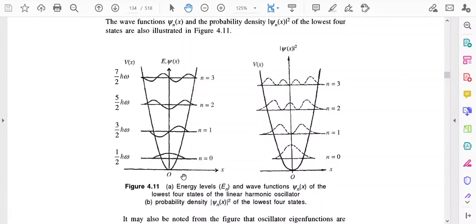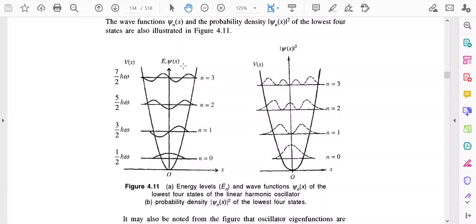In this figure, the x-axis represents the displacement of the oscillator, and the y-axis represents both energy and wave function. You see that it has been written E comma psi x.